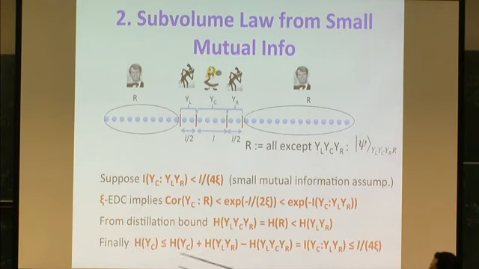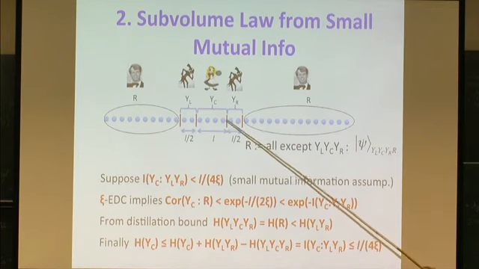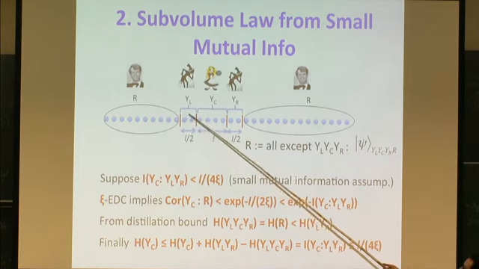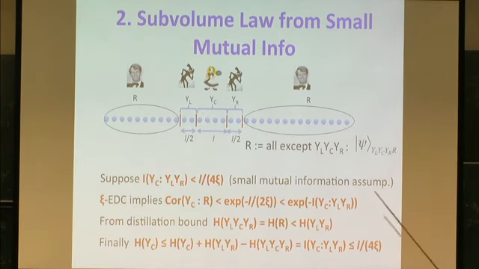Because this entropy that we are interested in is smaller than this entropy plus this term, which is bigger than 0 by this equation. But this is just a mutual information, right? That's the mutual information between the central region and the neighboring ones, the boundary ones. But by assumption, this is smaller than L/4. So we have the subvolume law, right?